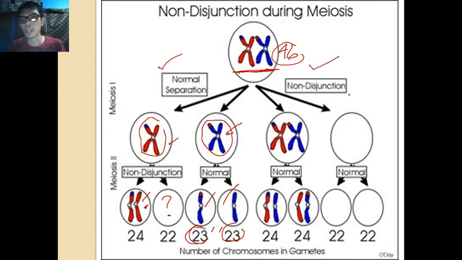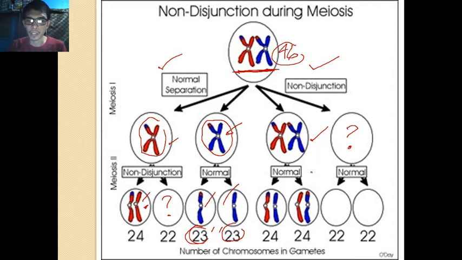What if the non-disjunction happened earlier? Instead of these two separating, they are still attached to each other, making the other cell completely missing one chromosome. So this one has an extra chromosome and this one has a missing chromosome.